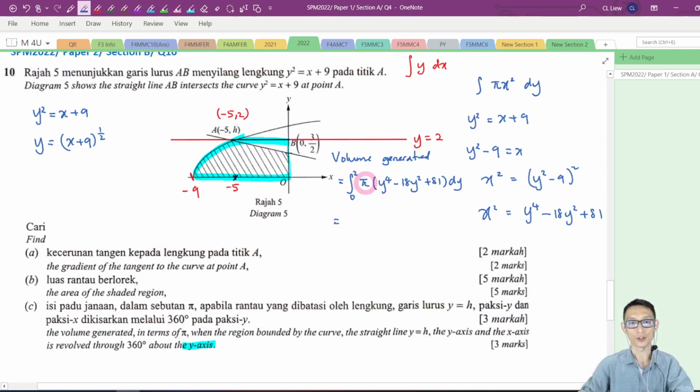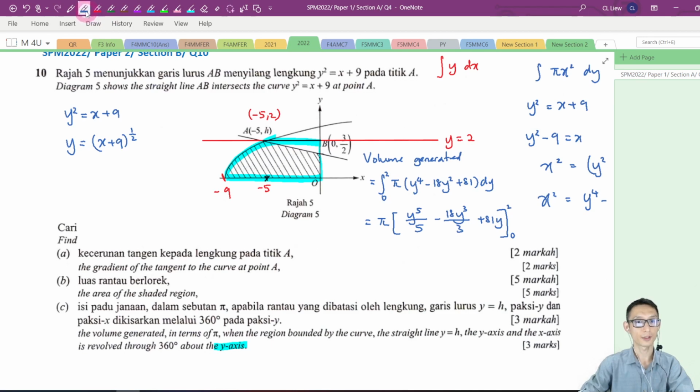Okay, now I just pull out the pi, and I will start doing the integration for this part. y power 5 over 5 minus 18 y power 3 over 3 plus 81y. Okay, the upper limit is 2, lower limit is 0. So copy everything, just change the y to the upper limit.